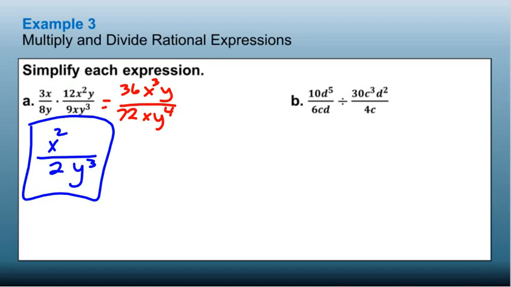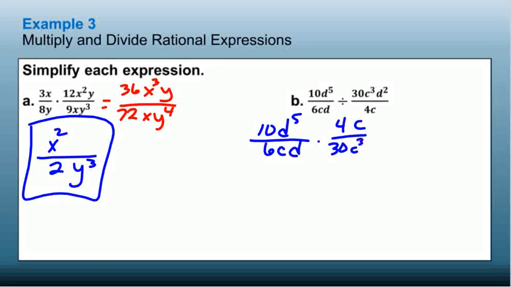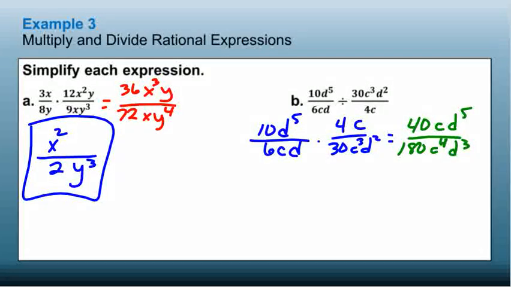Next, since I'm dividing fractions, I'm really multiplying by the reciprocal. So this is 10d to the fifth over 6cd times the reciprocal of 4c over 30c cubed d squared. Now I simplify it. This will give me 40cd to the fifth all over 180c to the fourth d to the third.